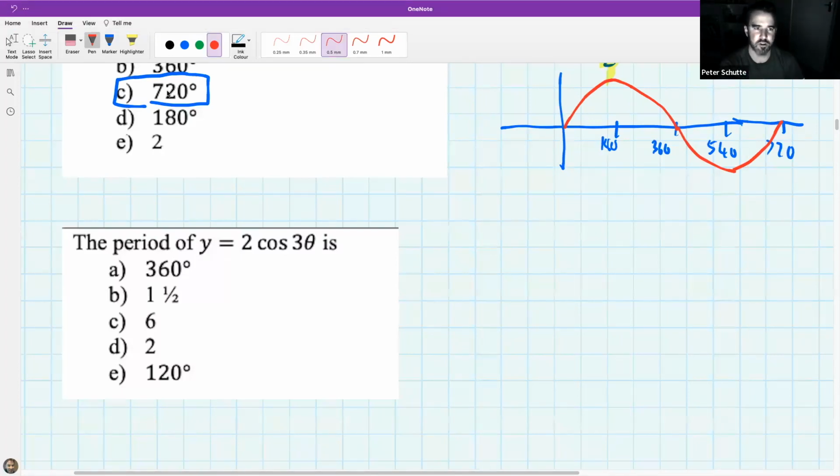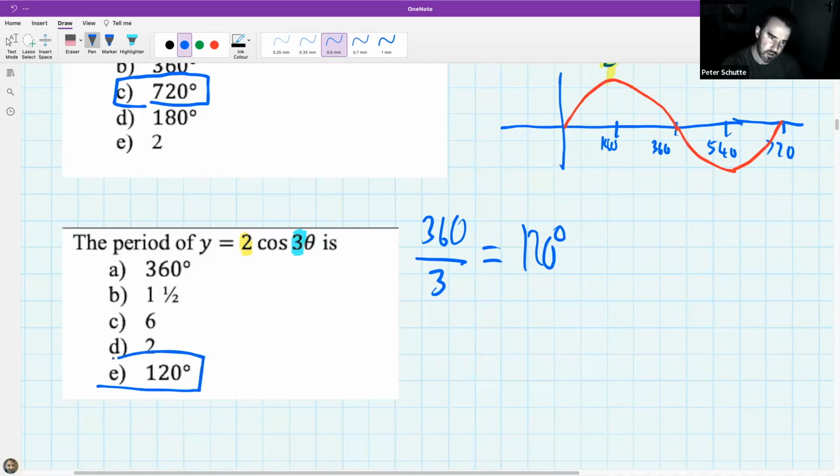So they're trying to distract you a little bit because there's a 2 in front, but that's not what you want to worry about. You want to worry about that 3. And so to get the new period, we go 360 divided by 3, which is 120, and that should be E.